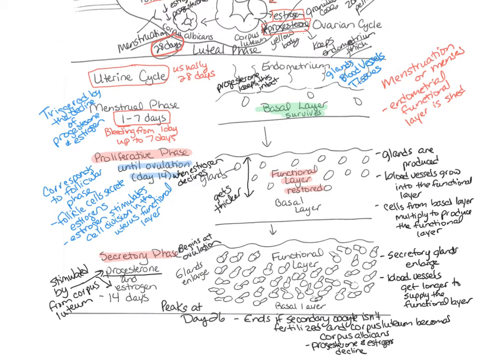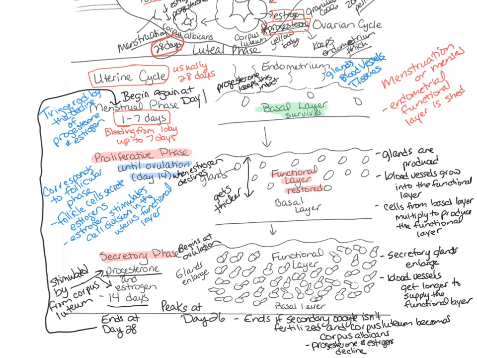As those two hormones decline, then the glandular activity in that functional layer declines, and then the uterine cycle ends at day 28, and then a new cycle will begin the next day on day 1 with menses. The whole secretory phase lasts about 14 days.